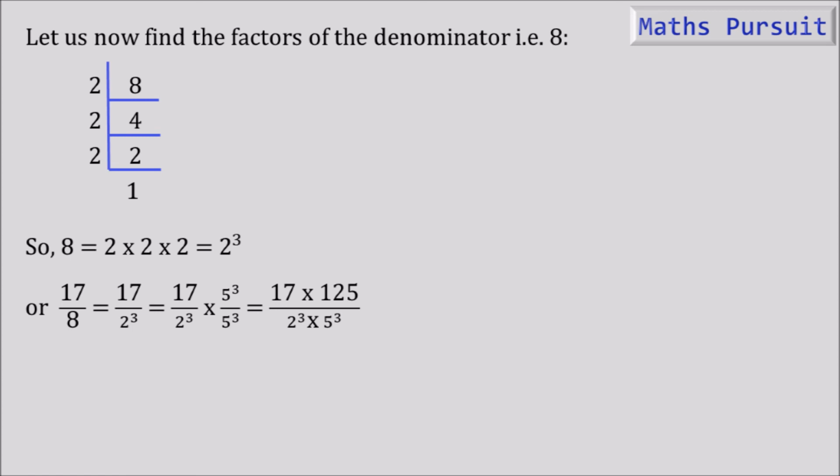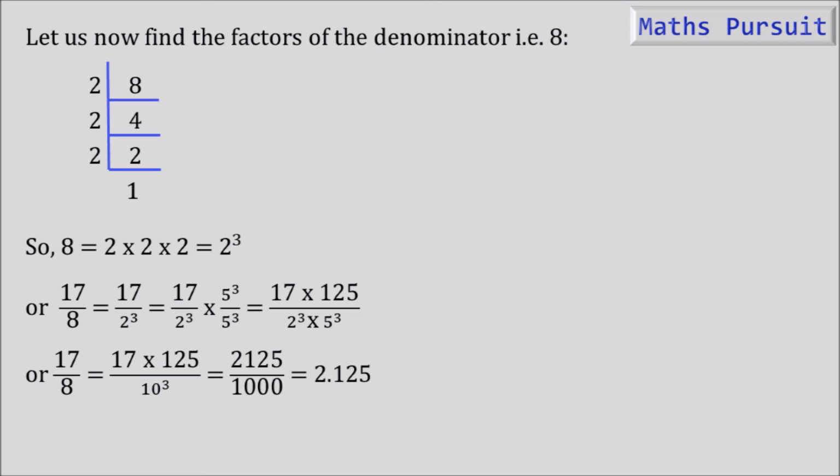Or I can straightaway say that 17 by 8 is equal to 17 into 125 by 10 to the power 3. Further, multiplying 17 into 125, we are getting 2125, and in the denominator we are getting 1000. Now I can write the result as 2.125. Hence the decimal expansion of 17 by 8 is 2.125.